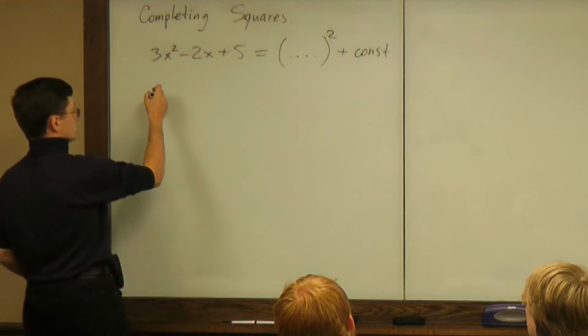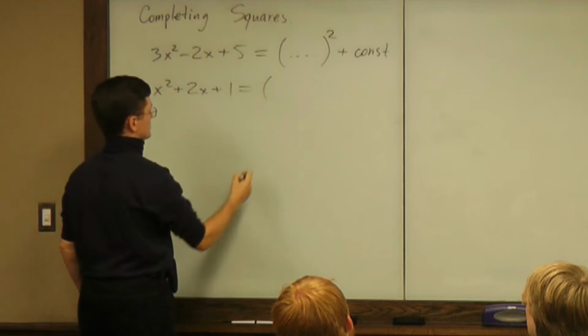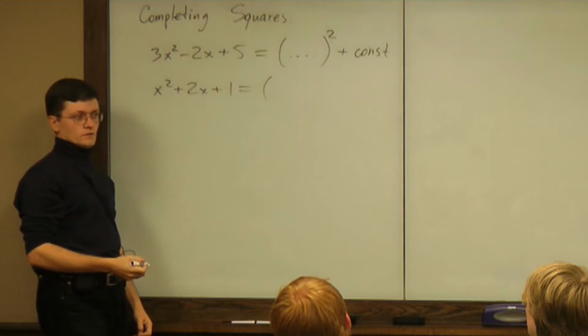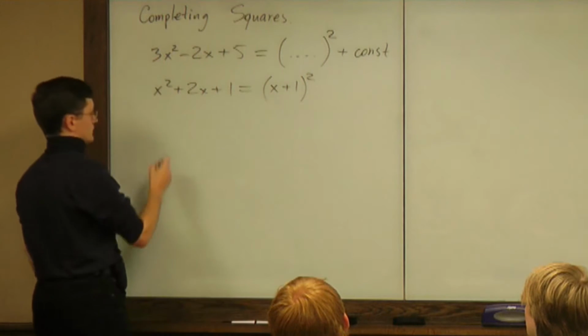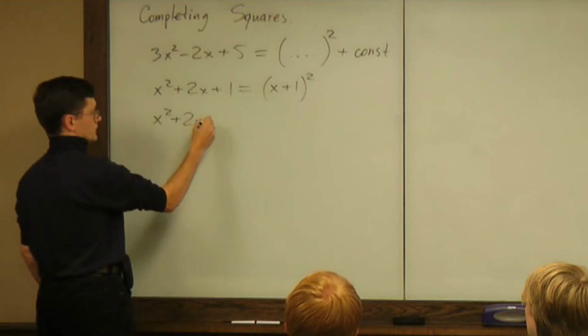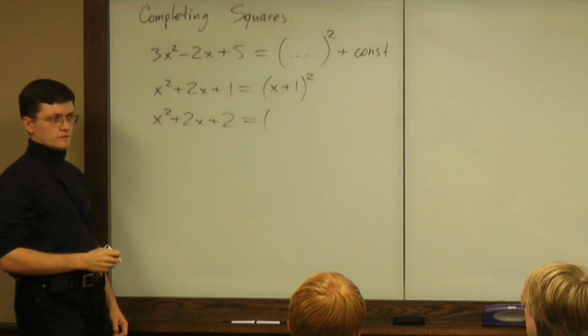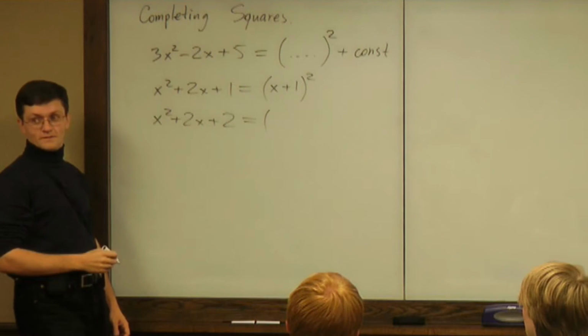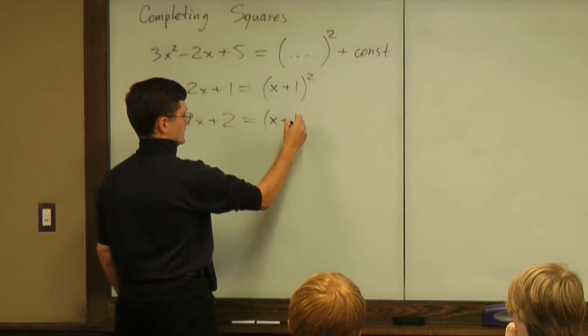And of course, sometimes you can do it easily, right? x squared plus 2x plus 1 equals, can you complete the square? x plus 1 squared. Very good. And x squared plus 2x plus 2 equals, can you complete the square? As easy as the previous one, exactly.